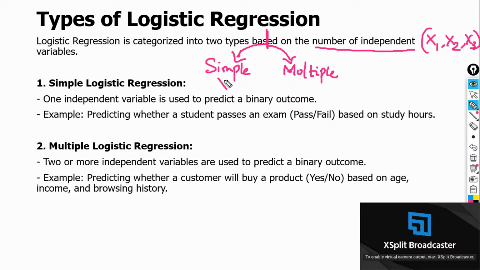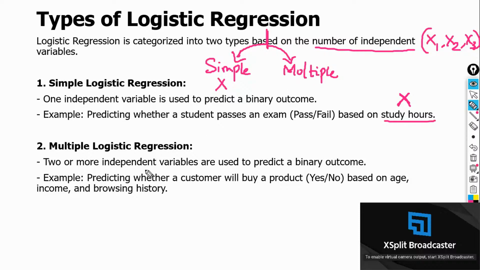If you have only one input variable, it is simple logistic regression. Example, you're going to predict whether a student will pass or fail in an exam based on just one variable, study hours. What is multiple logistic regression then?